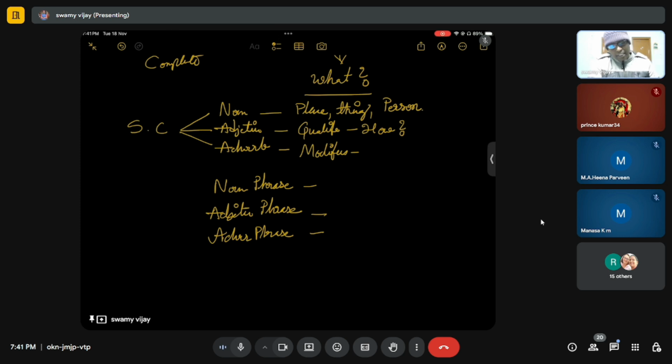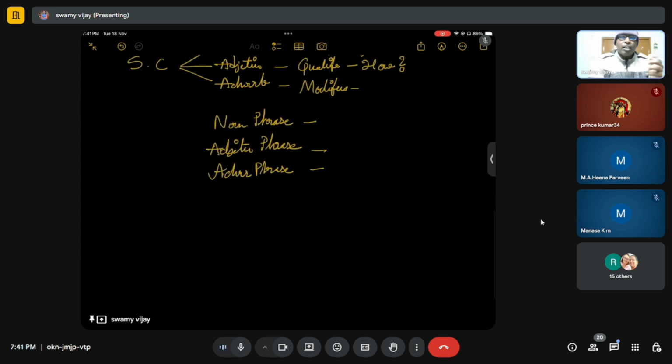Then what is the basic difference between a noun phrase and a noun clause? In a noun phrase, though the group of words acts like a noun in that part of the sentence, there is no verb.